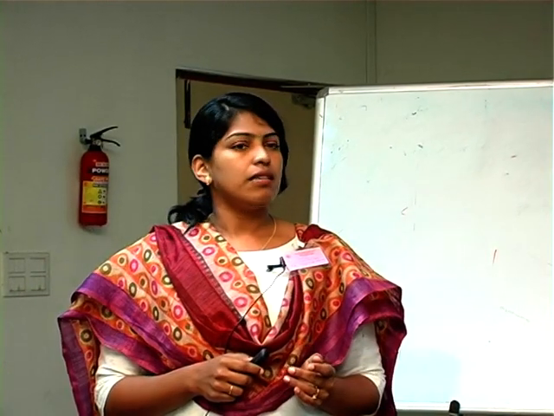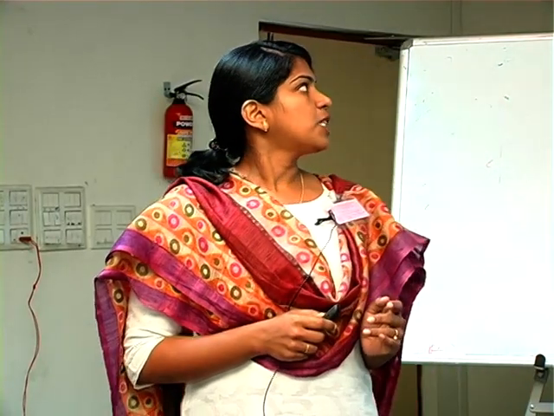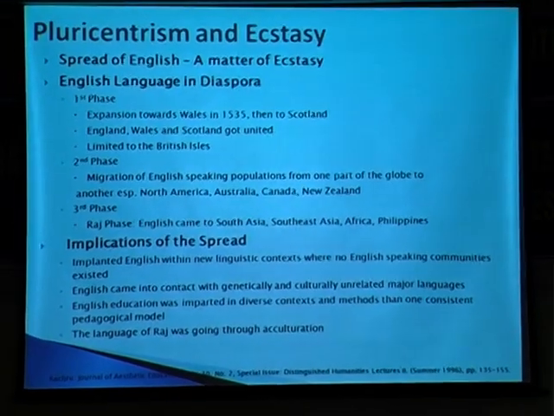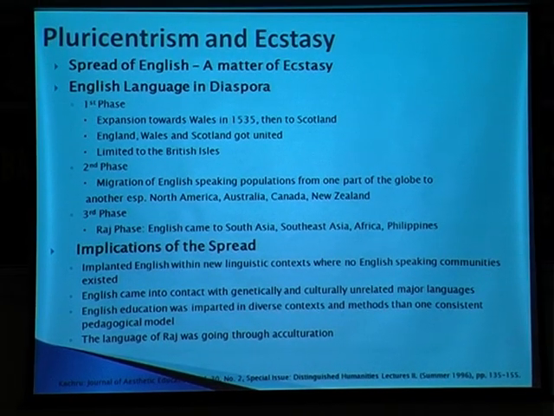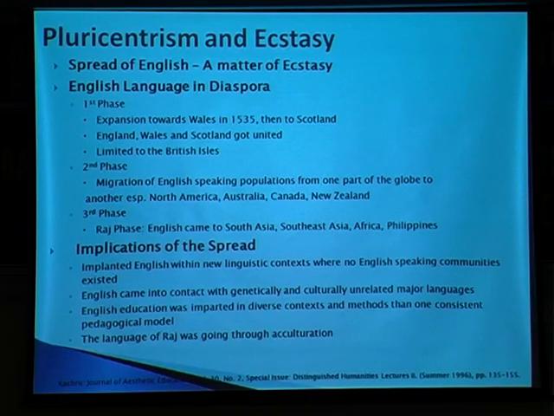Again, the pluricentrism of English can be better understood when you look at the spread of English. Actually, the spread of English is a matter of ecstasy for the natives. And this English language in diaspora or in migration, the spread of English can be better explained in three phases.